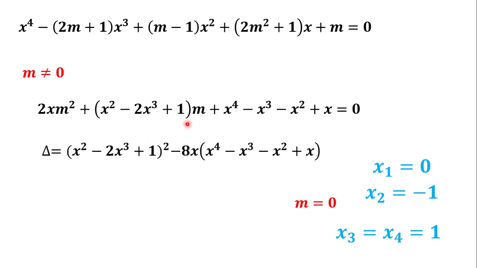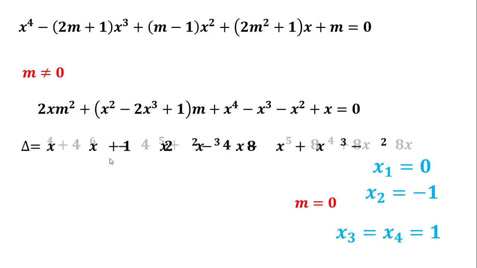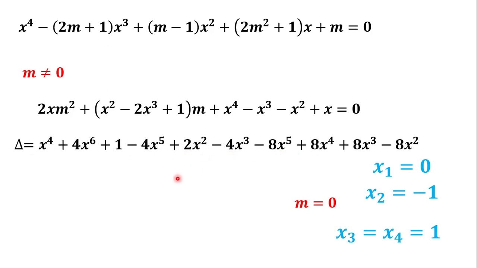Delta equals the square of the coefficient of m, (x squared minus 2x cubed plus 1) all squared, minus 2 times 2x times (x to the power 4 minus x cubed minus x squared plus x). If we expand this expression and multiply this parenthesis by minus 8x, we're going to get this expression.